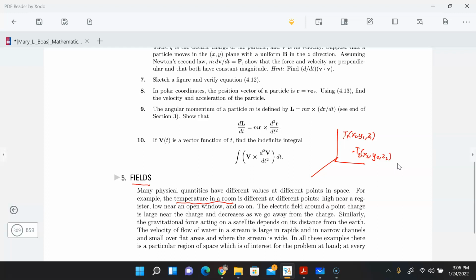Your T over here is just given by a single numerical value. So these are essentially scalars. In other words, a scalar has been defined at all points of the space. So that defines what we call a scalar field.